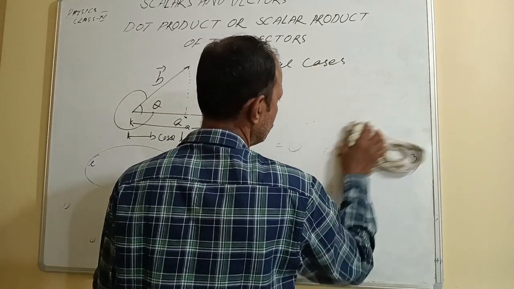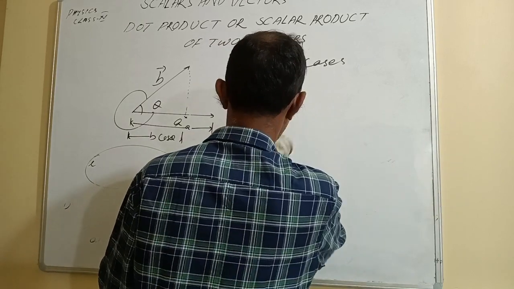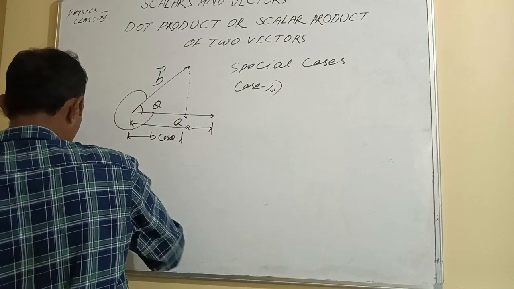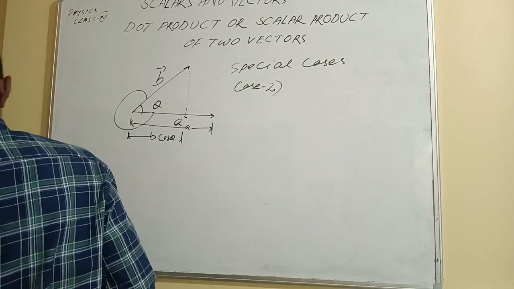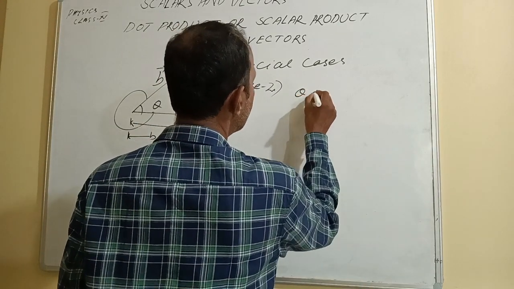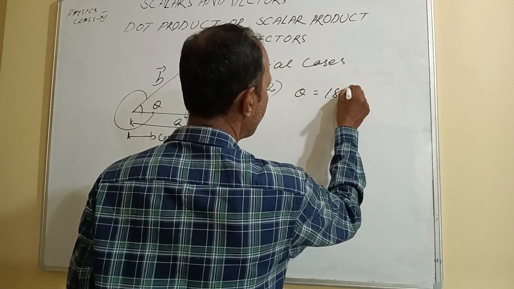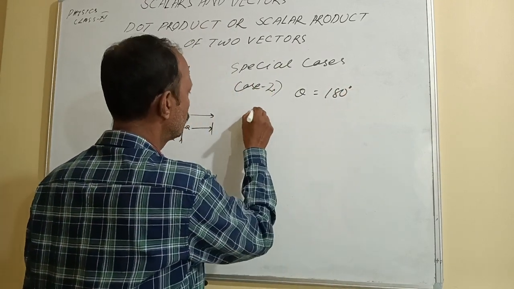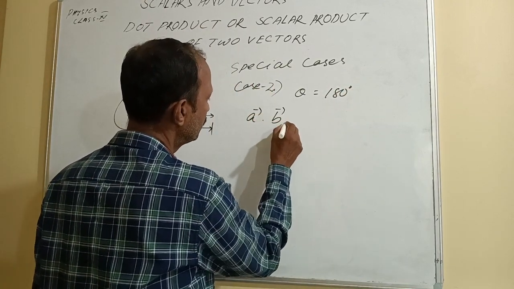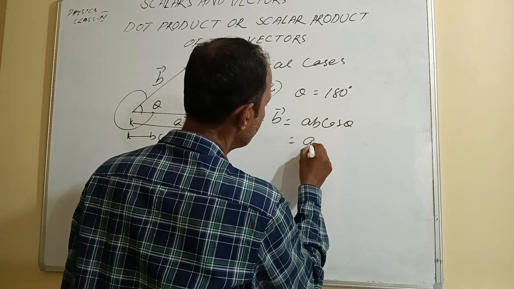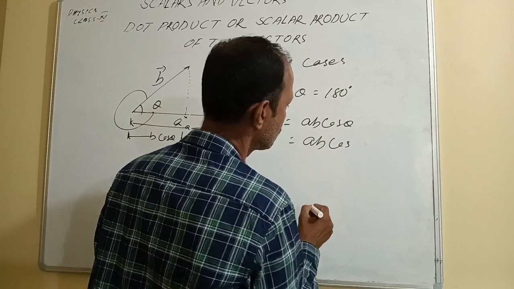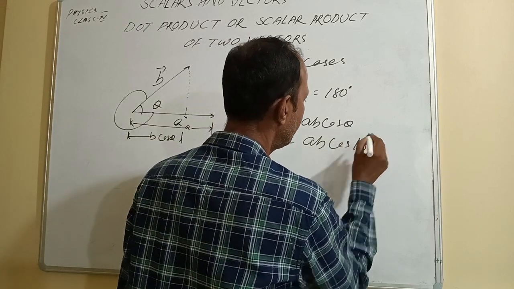Now suppose theta equal to 180 degree. So A dot B is equal to AB cos theta is equal to AB cos 180 degree.